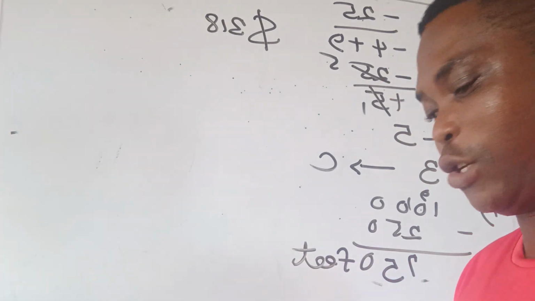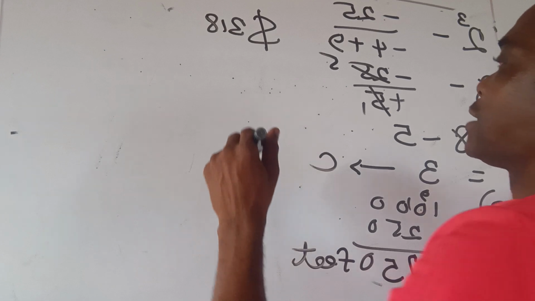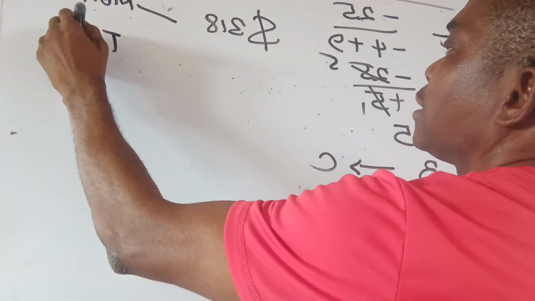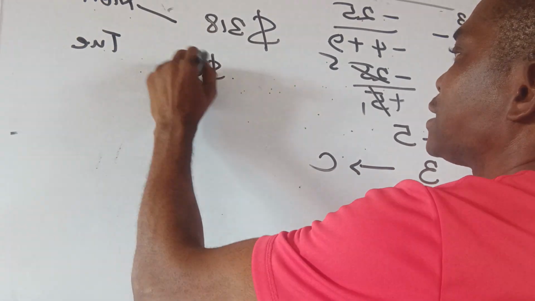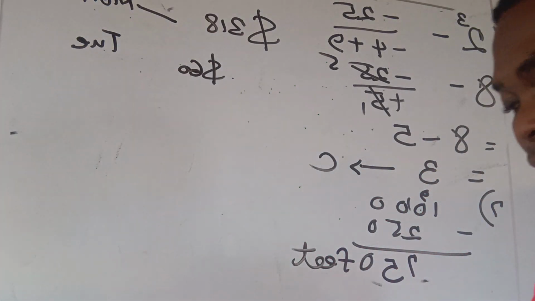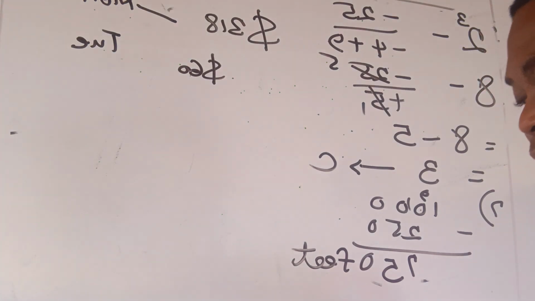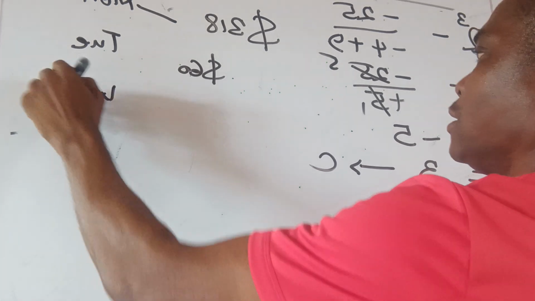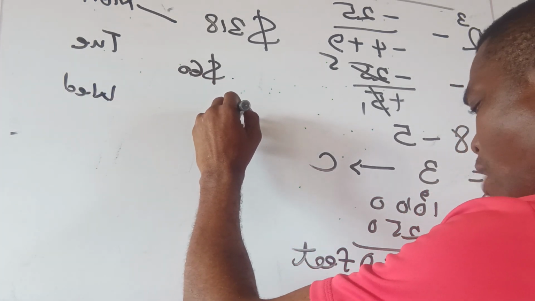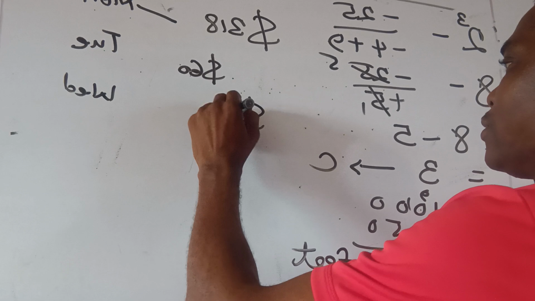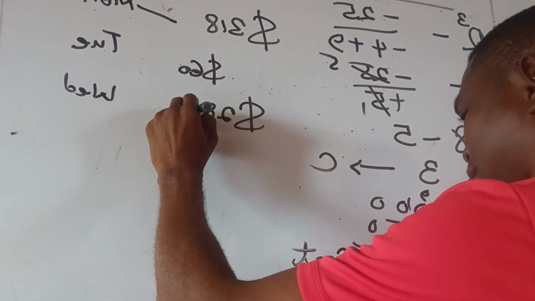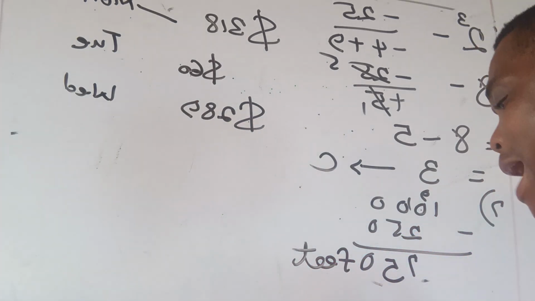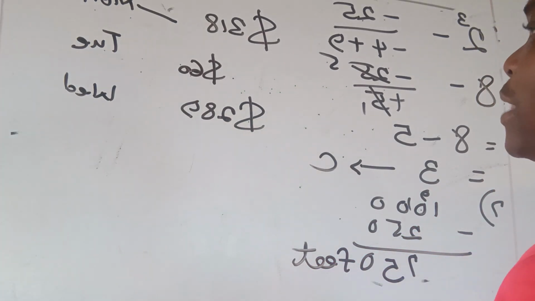On Tuesday, she withdrew $60. So this was on Monday, and on Tuesday she withdrew $60. Then Nita decided on Wednesday to deposit $289.